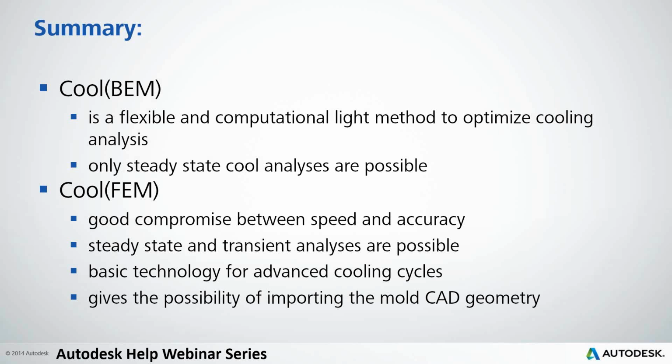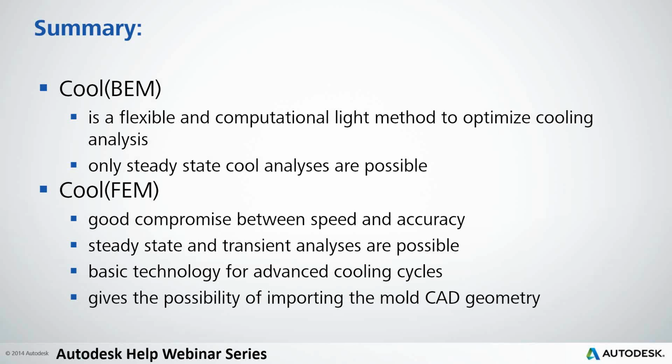On the other side, we have the finite element method for the cooling analysis, and this is a good compromise between speed and accuracy. So if we need more accuracy, we will need to pay a little bit more time. We win the fact that we can also calculate some transient analysis.